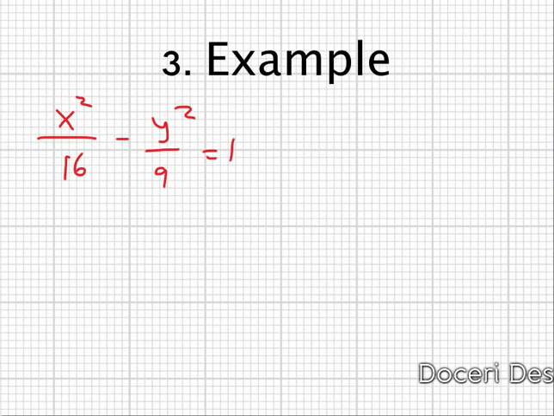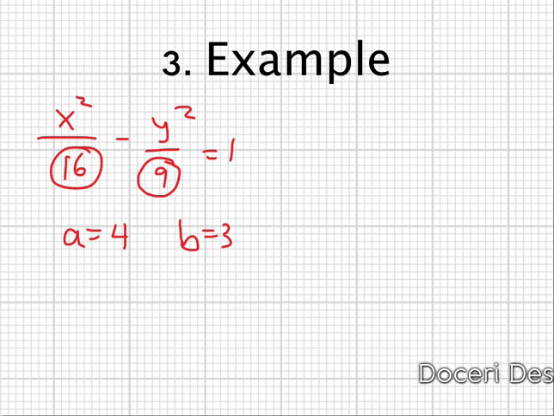So again, our hyperbola is going left to right. So I've got to find my a value. Since 16 is the biggest value, that's a squared. So that means a is going to be 4, because the square root of 16 is 4. And the square root of 9 is 3, so that means b is 3.